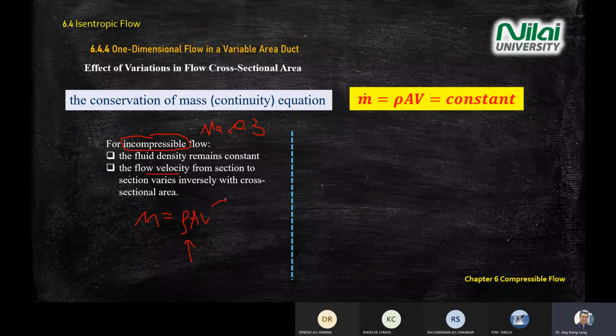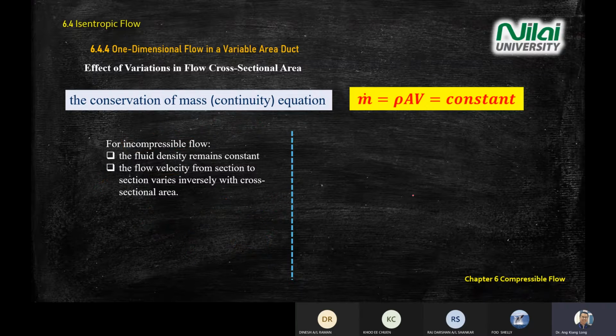You rewrite the equation: velocity equal m dot divided by rho A. So when you read the equation, you will see that the velocity will be inversely proportional to your area. This is what this sentence means. So when you rewrite the equation, you get this equation.